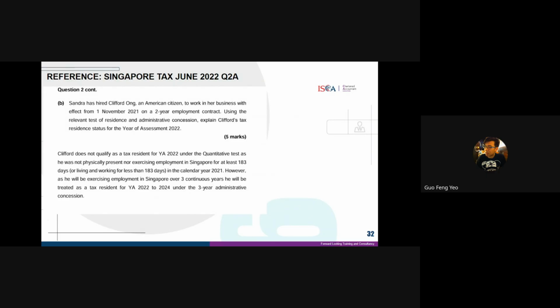Therefore, you need to look at 3 basis periods. 1, YA 2022 that covers 1st November to December 31st, 2021. YA 2023 that covers 1st Jan 2022 to December 31st, 2022. And YA 2024 that covers 1st Jan 2023 to 30th October 2023. So you need to explain under 3-year concessionary rules, Clifford would be treated as a tax resident.